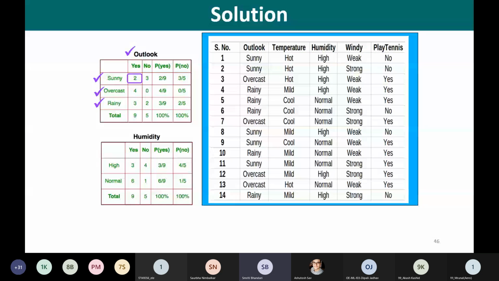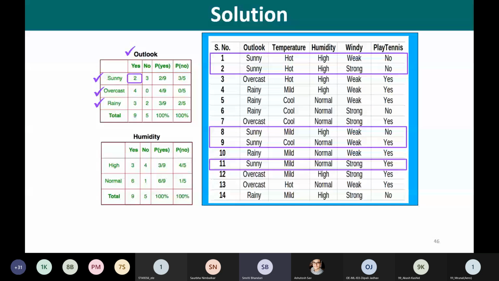This is the training data set that is available. We are talking about the attribute outlook and the value for this outlook variable as sunny. If we look at this data set, we have these 5 instances where the outlook value is sunny. Now, for these 5 instances, we will see how many are predicted as no and how many are predicted as yes.